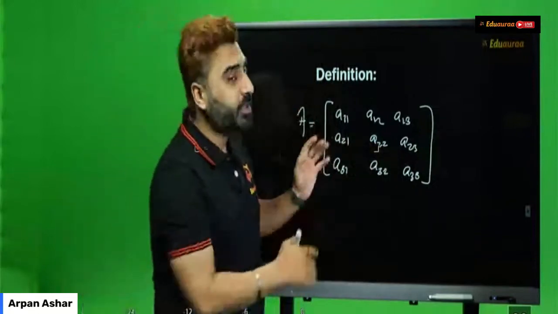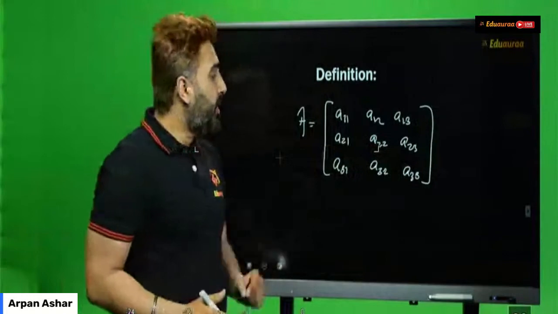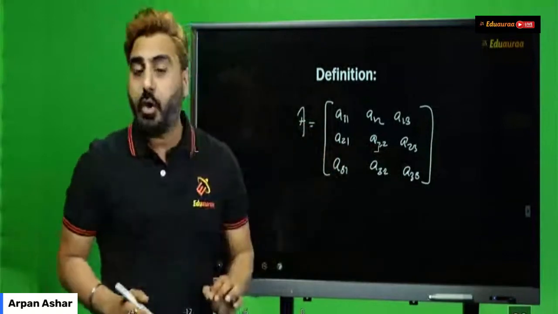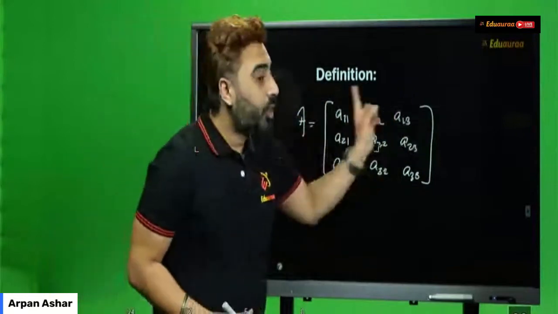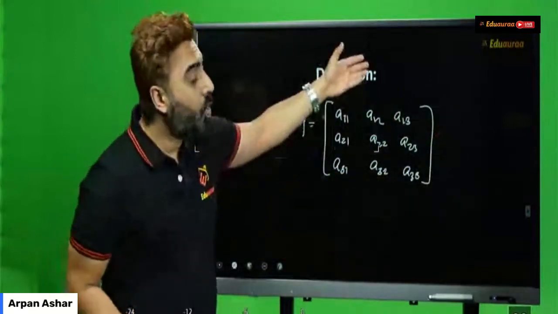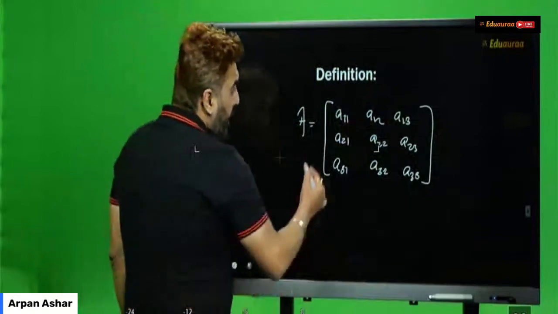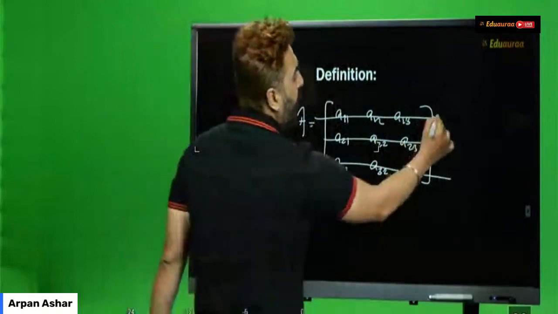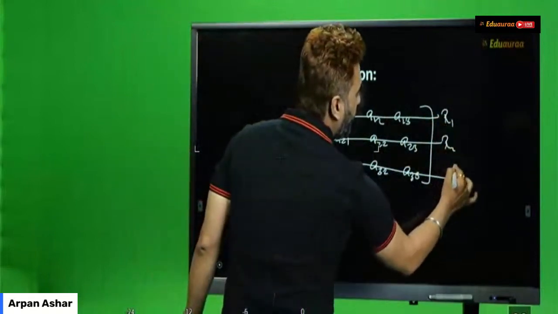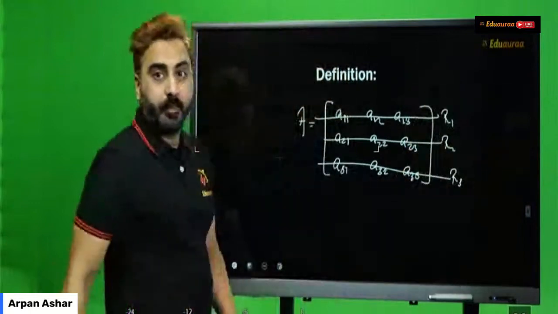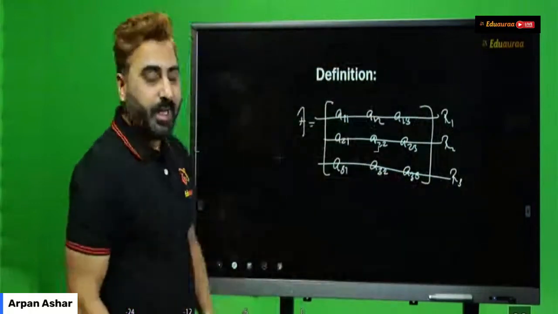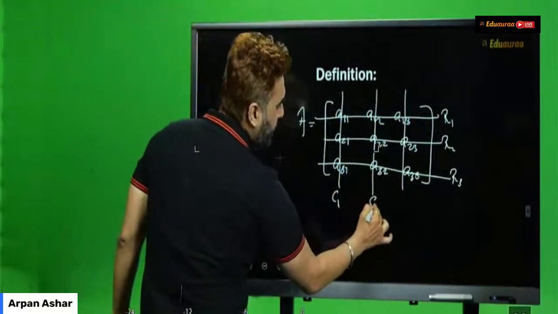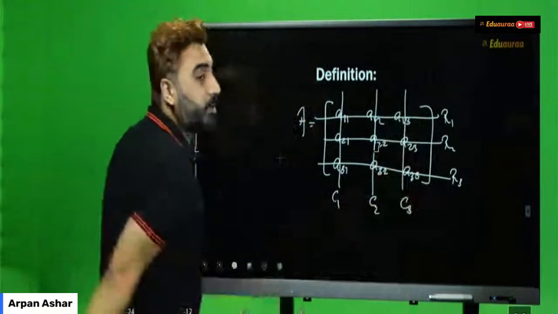We represent a matrix with square brackets, and as I said, it is a systematic arrangement of elements in rows and columns. What are rows? Rows are your horizontal lines, columns are your vertical lines. We can see three horizontal lines, so let's say they are R1, R2, and R3. We can see three vertical lines, so let's say they are C1, C2, and C3.